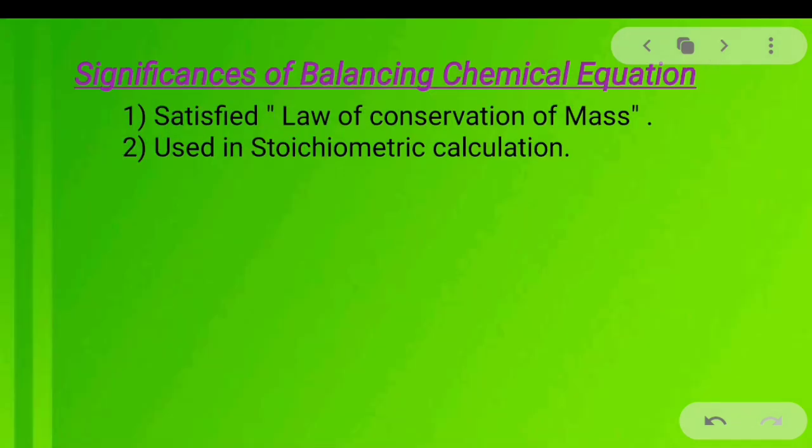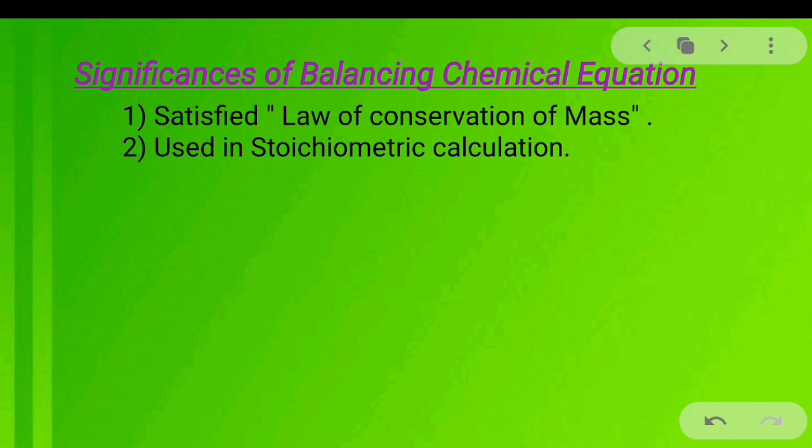Now, what is the significance of balancing a chemical equation? The significance is that it satisfies the law of conservation of mass and it is used in stoichiometric calculation. What is the stoichiometric calculation? Stoichiometric calculation is the calculation in which we use a balanced equation.